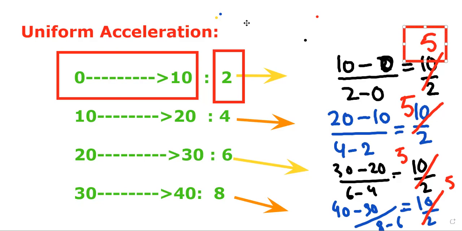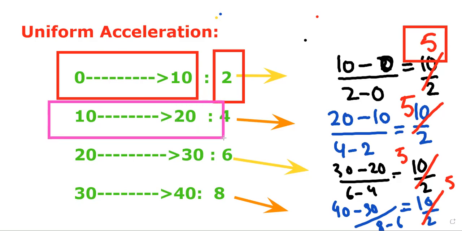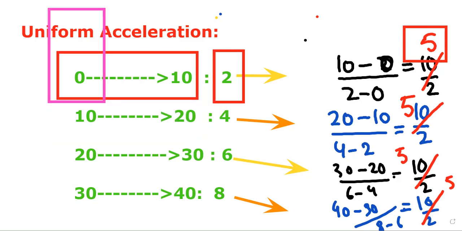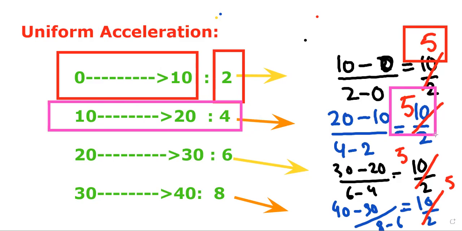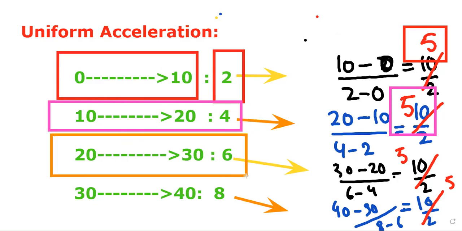For the next interval, for 10 to 20, we found that it is 5. For the next interval, 20 to 30 was the change in velocity, and the produced acceleration is 5.